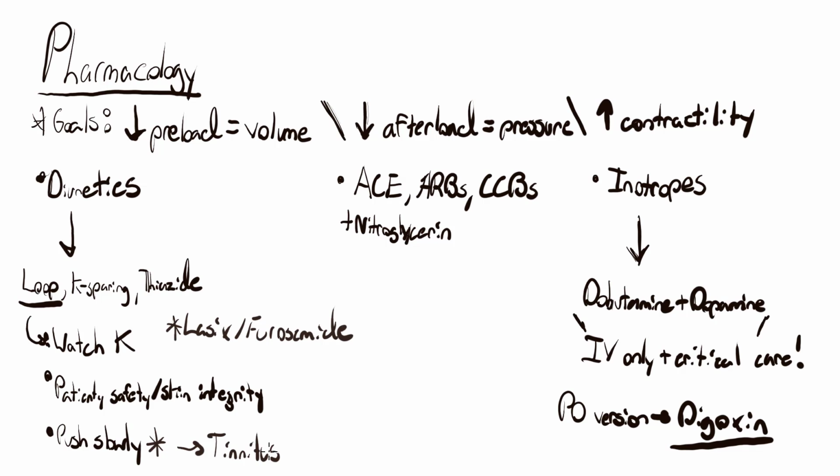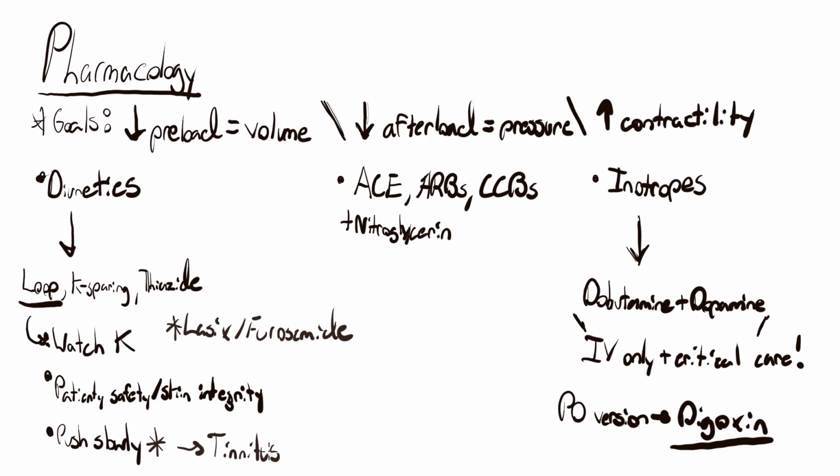Now, what medications are going to reduce pressure? A variety of medications. ACE inhibitors, ARBs, calcium channel blockers, right? Those are all medications that are also used for high blood pressure. They help in a variety of different ways by working on a bunch of different systems to reduce blood pressure.